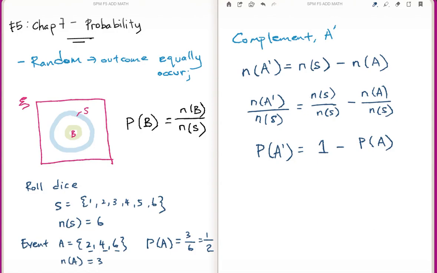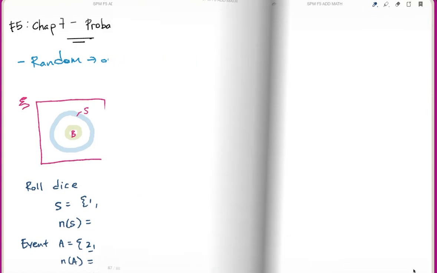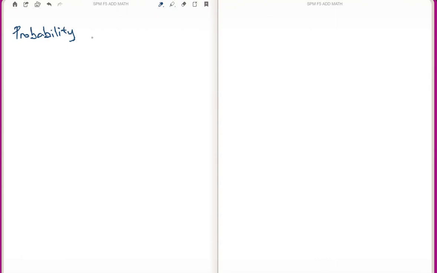Now, what happens if there are two events? How do we find out? For two events, the probability can simply be represented by using a tree diagram.